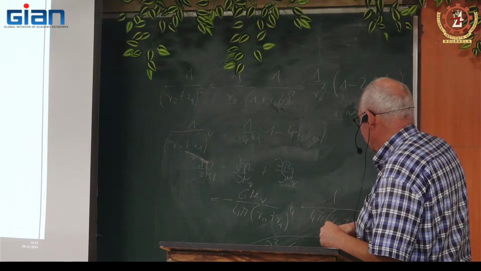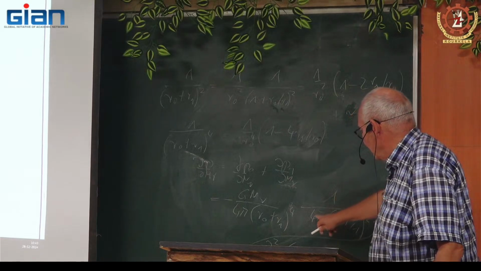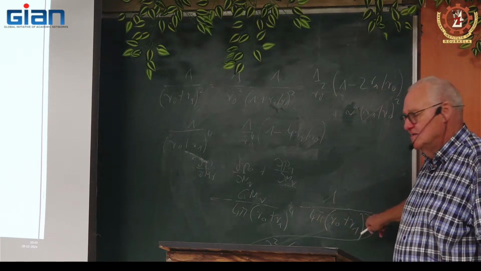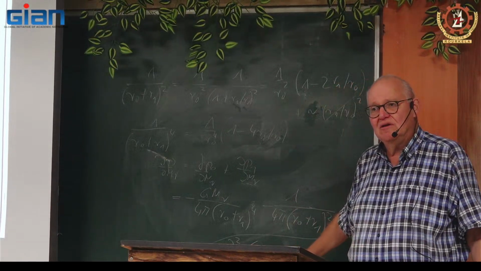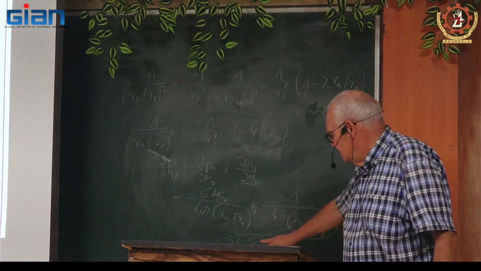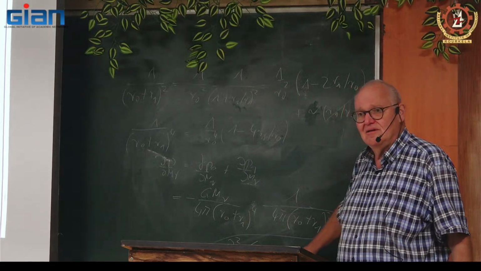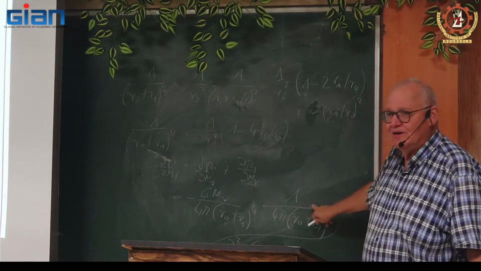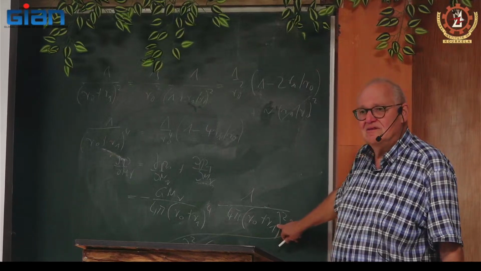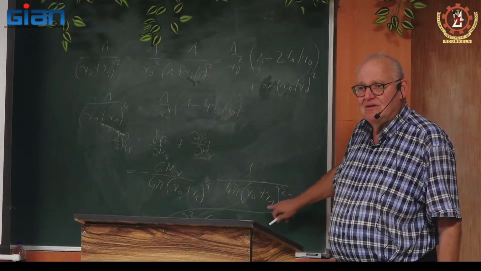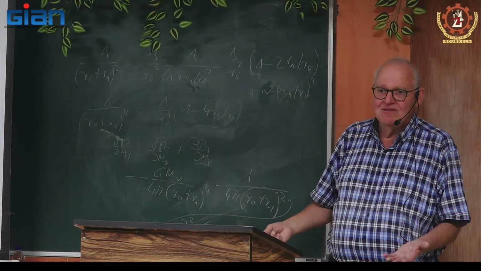So what about this quantity here? We have 1 over 4 pi (r0 plus r1) squared times the second derivative of a quantity which is already of first order: d2 by dt squared of r1. Do we need to consider this r1 in the coefficient? We don't, because this is already of first order, so it can only be multiplied with a stationary value.